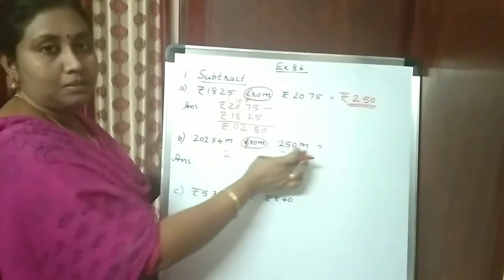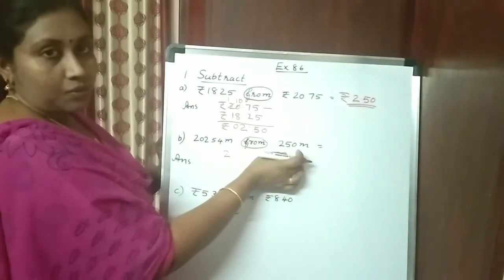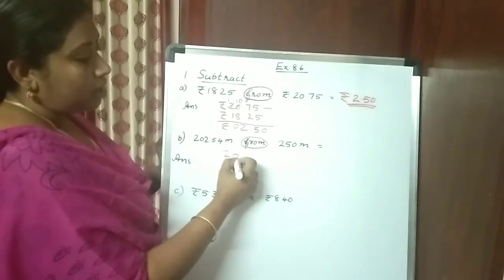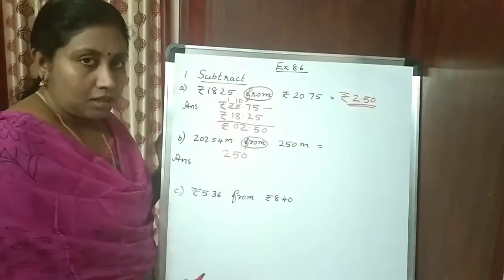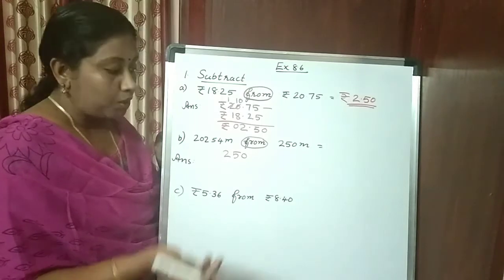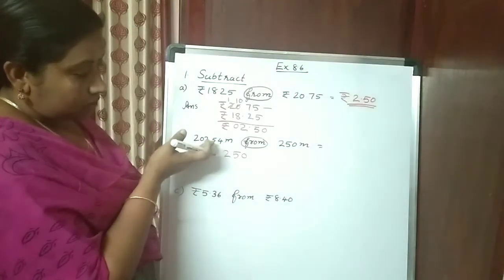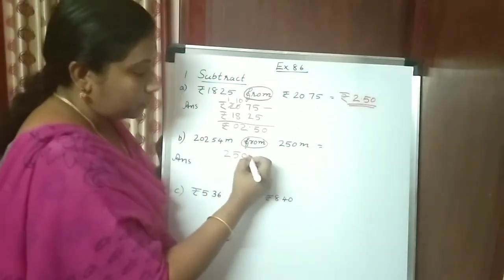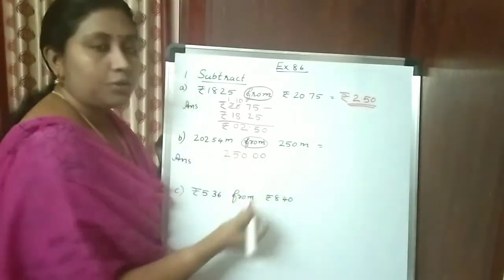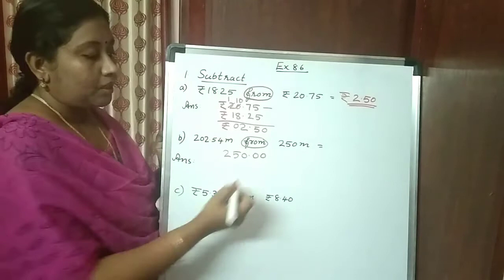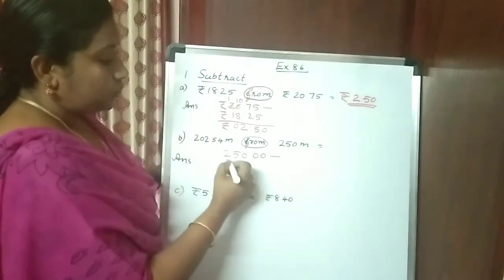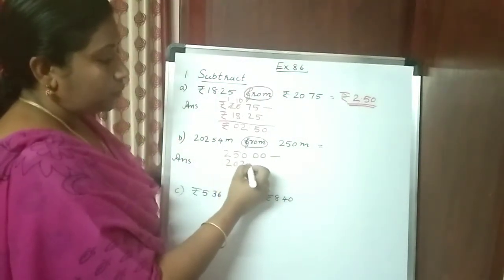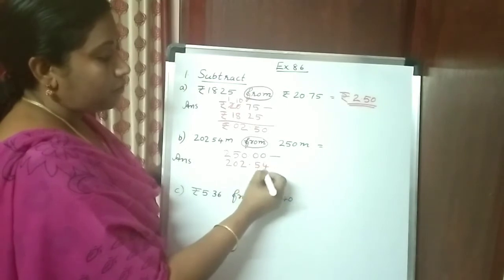Here both are in meter. Then which is your first number? 250. Is there any decimal part? No decimal part. But in this number there is a decimal part. So you put one dot here and simply put 2 zeros. Okay. Then subtract 202.54.